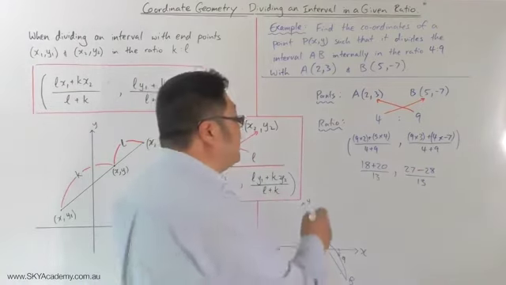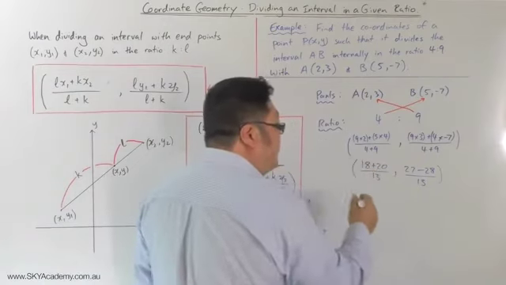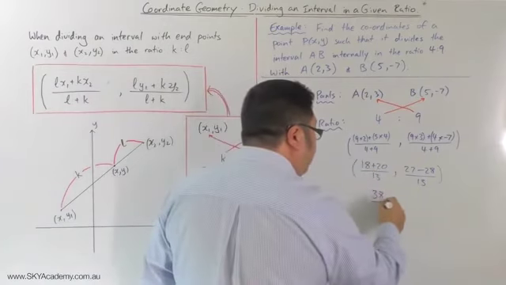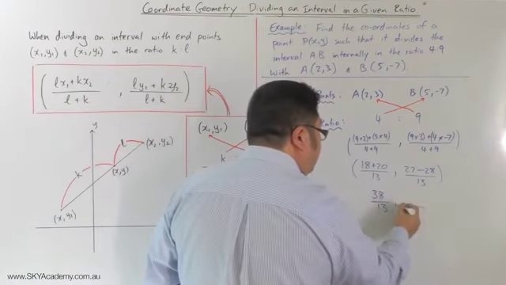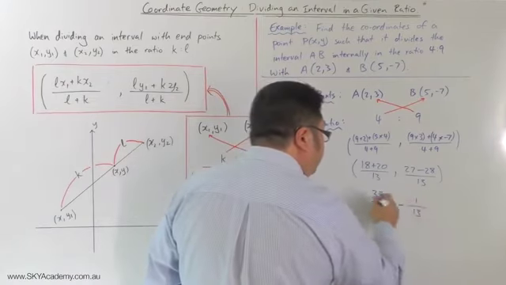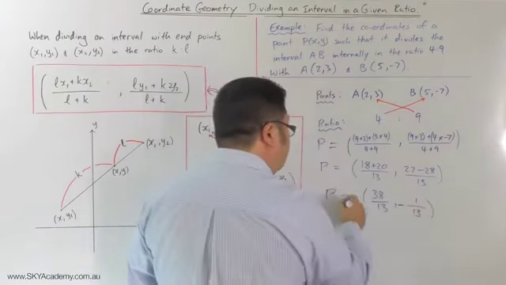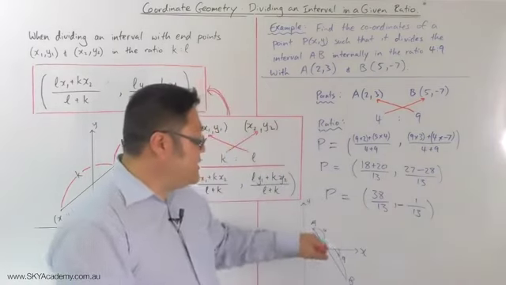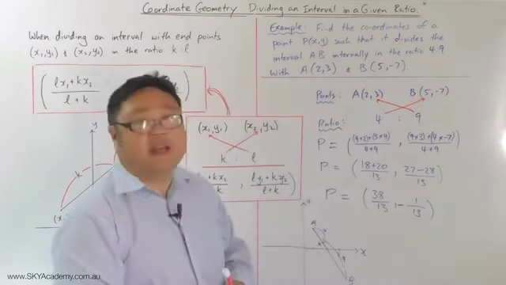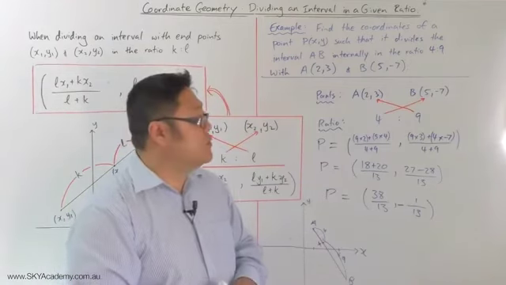Then you just simplify. 18 plus 20 is 38, so you've got 38 over 13, and minus 1 over 13 on this side. And that is your point P, the point that divides this line in that given ratio. Does that make sense?